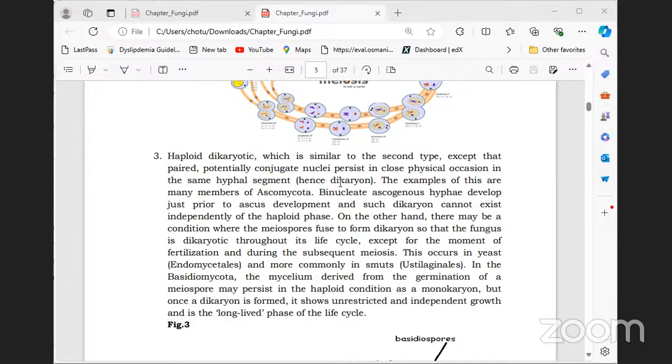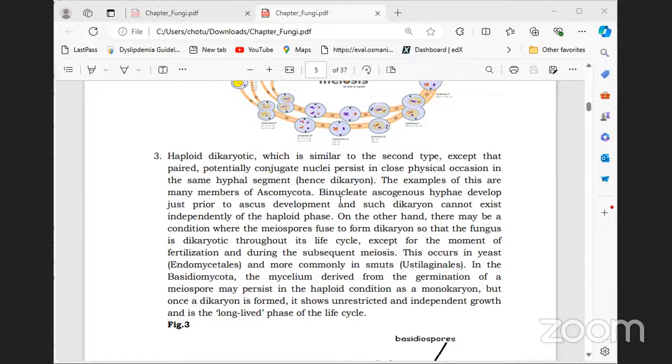That is called dikaryon. For example, in many members of Ascomycotina, binucleate ascogenous hyphae develop before ascus development. Such a dikaryon can't exist independently. This dikaryon can never exist independently.